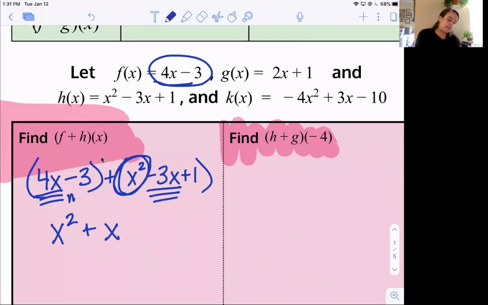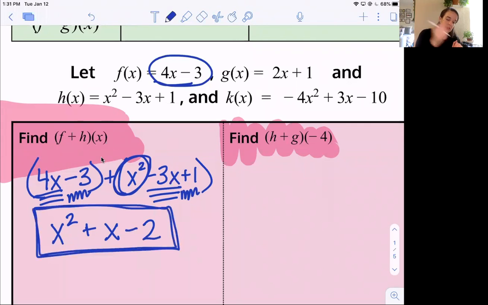And then I have negative 3 and positive 1. Negative 3 plus 1 will be negative 2. And that's all I have to do in order to add them together, f plus h.